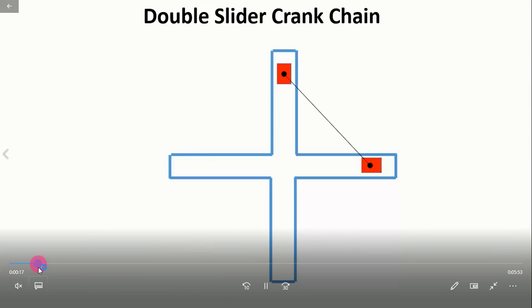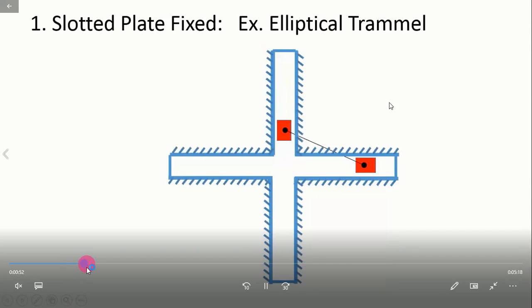Okay. So this is the double slider mechanism, correct? And if you fix the frame, then it will become an elliptical trammel. You can see, this frame is fixed means it will become an elliptical trammel. Okay, the point traced by the extension of this.